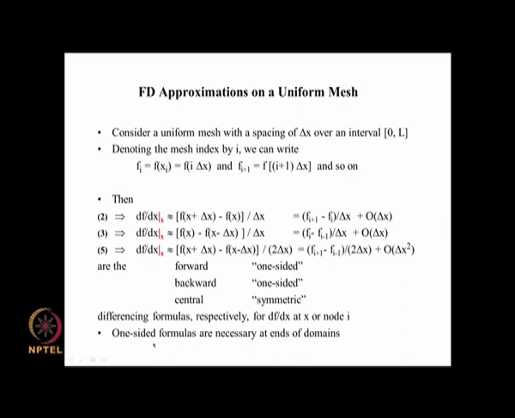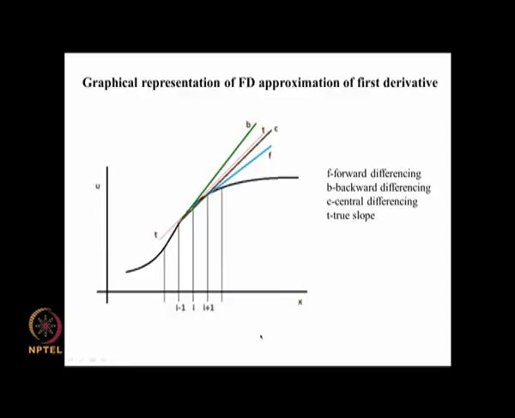So one-sided formulas are necessary at the ends of the domain, and we can look at these derivatives that we have, forward, backward, central, in a graphical way by looking at this function. In this case it is u here varying with x as per this particular curve.